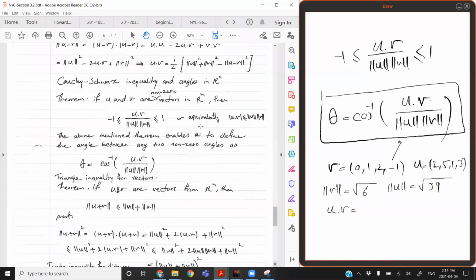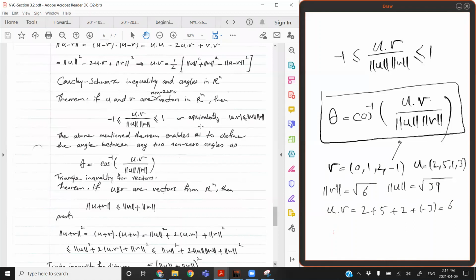u dot v is going to be 0 times 2, plus 1 times 5, 5, plus 2 times 1, 2, plus -1 times 3, that's negative 3. That is going to be 9 minus 3, 6.